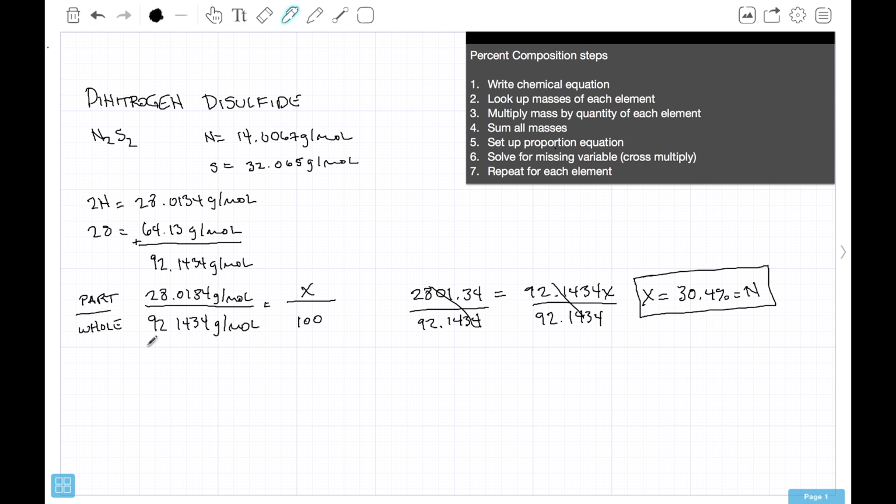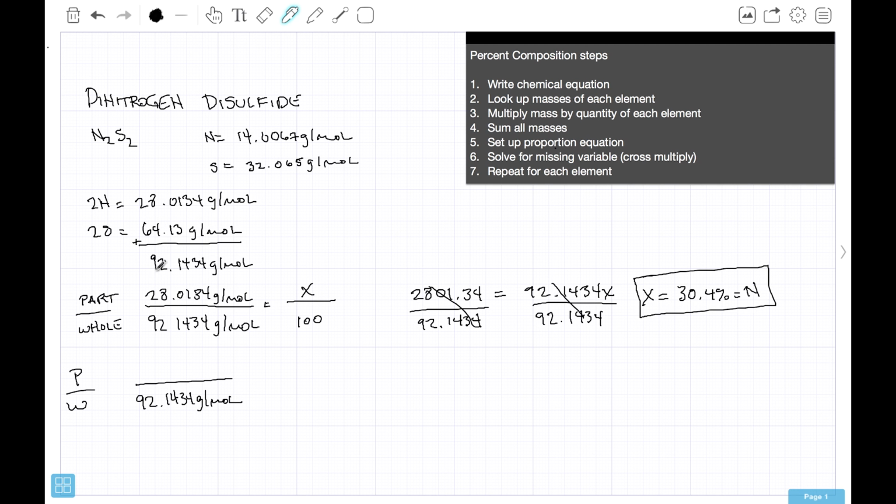Okay, so we're going to repeat those same steps for finding the percent composition of sulfur in this compound. So our part to whole ratio is going to turn out to be, the whole didn't change, that's 92.1434 grams per mole.